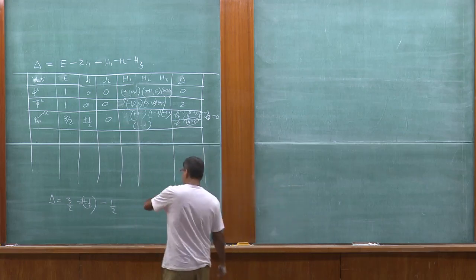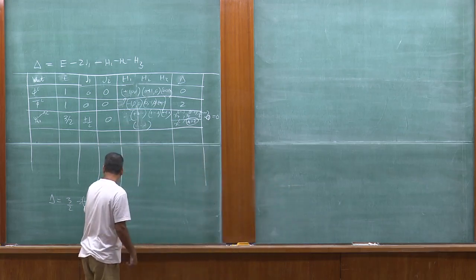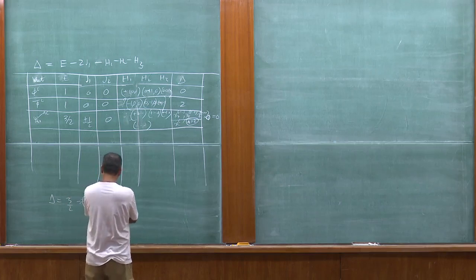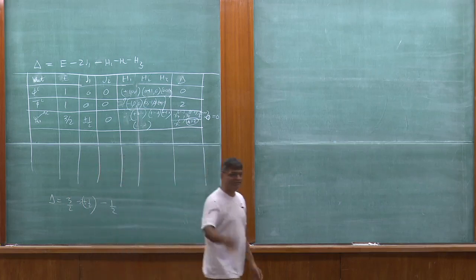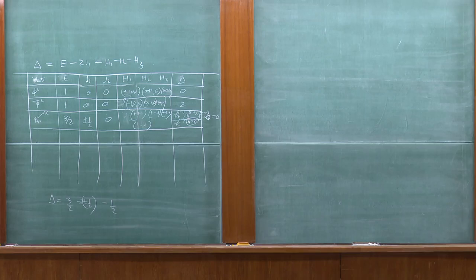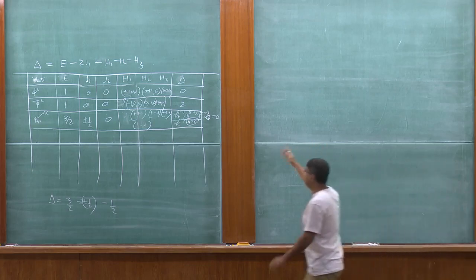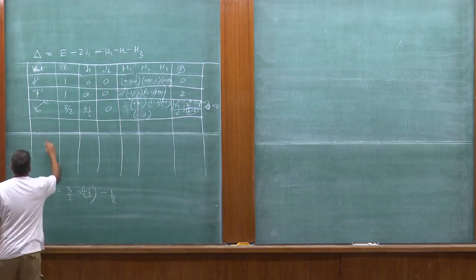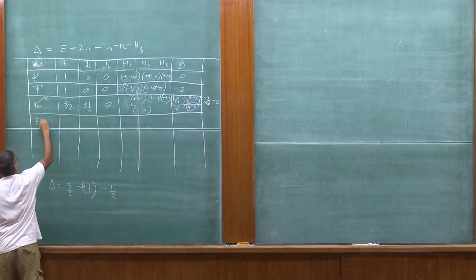It has minus 3 halves. Yeah, this guy will come with a plus 3 halves. So 2 more than each of them. So that guy will have either delta equals 2 or delta equals 4. So the guy with plus plus minus will have delta equals 2, and the guy with plus plus plus will have delta equals 4. So the important thing is that this is the only delta equals 0 state. Then we looked at the field strength.